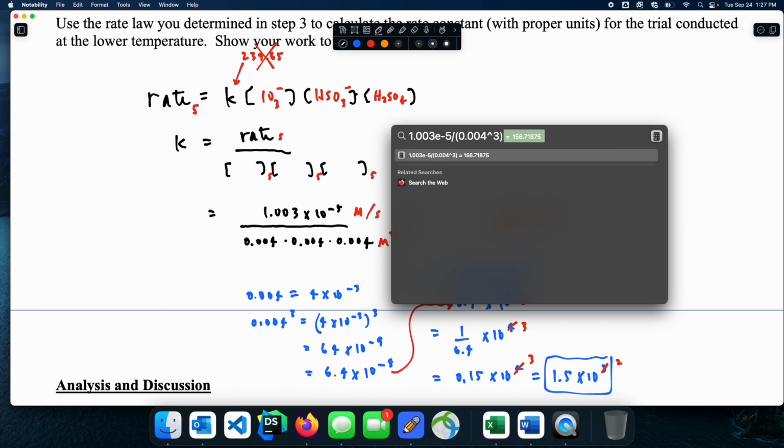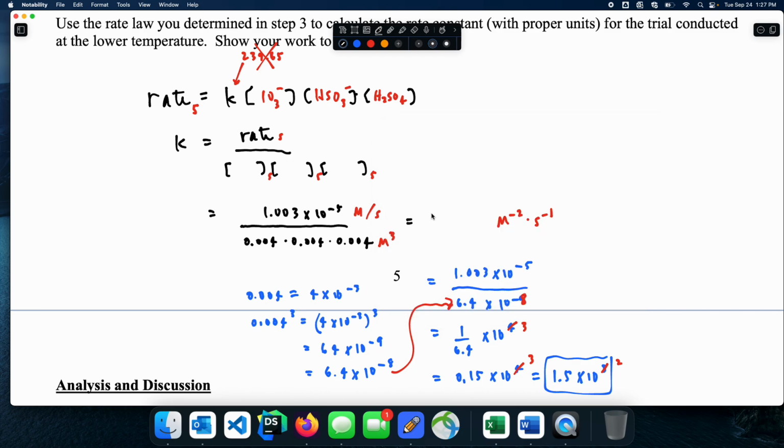And sure enough, 156.72. And my estimate here was about 150. 156.72, yep, legit. Okay, this was just an estimate, and I got 150. Here it is. Great. Done with that one.